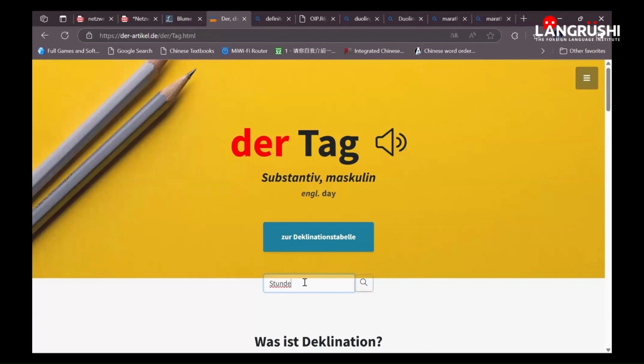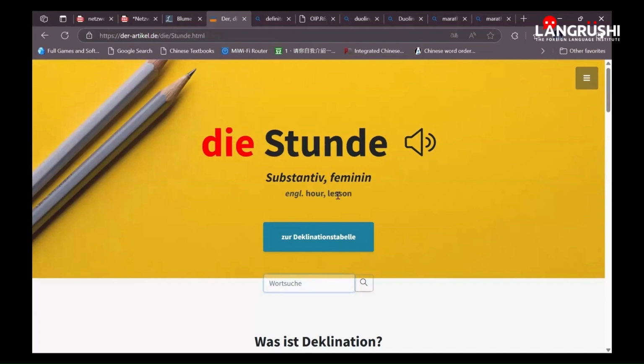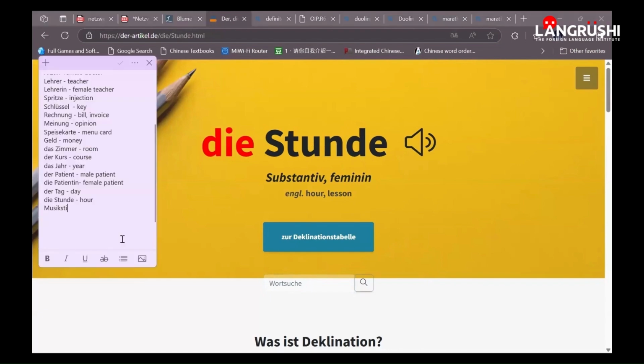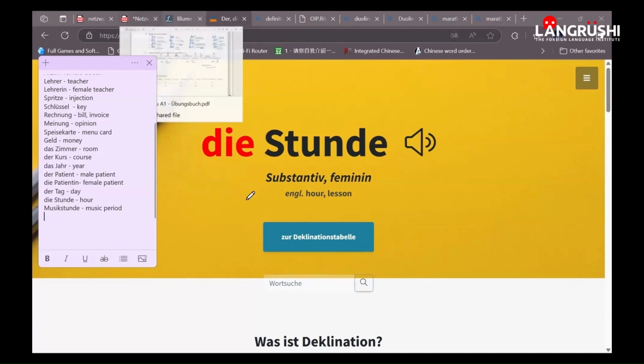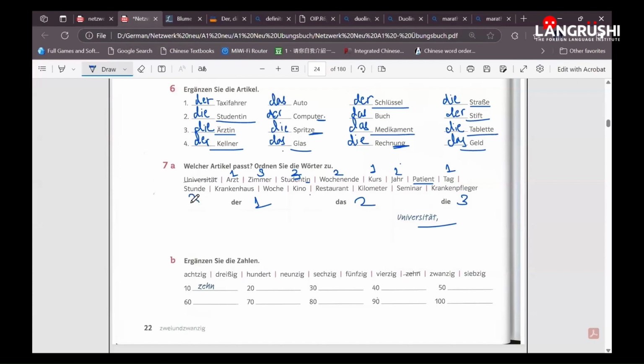These are the period. That is this Stunde, lesson. Like you can combine this with Musik and say Musikstunde, music period. But otherwise Stunde is also like the hour on the clock. Okay. So it is die.